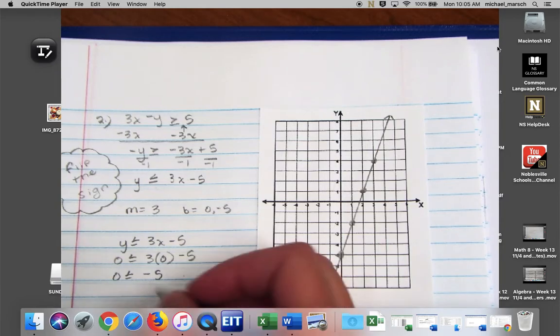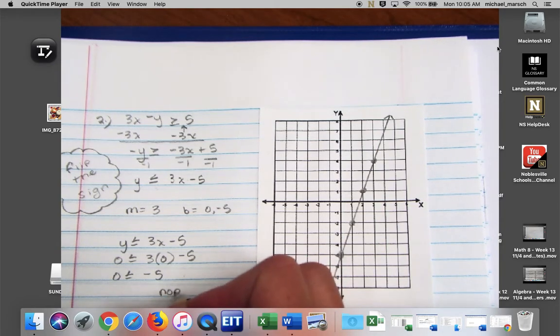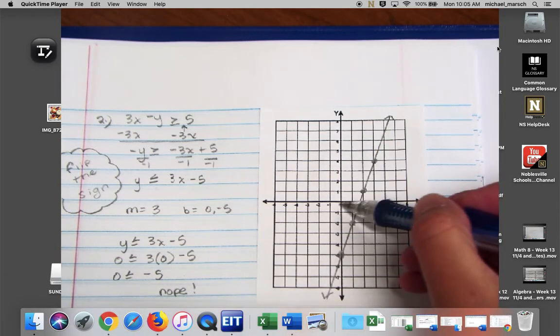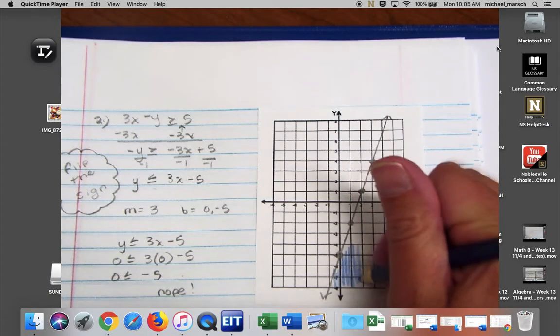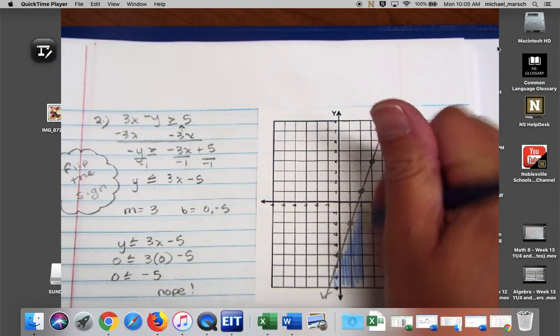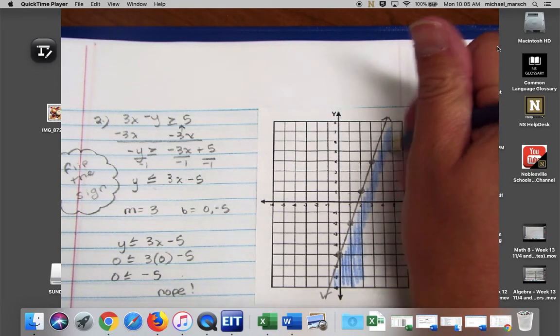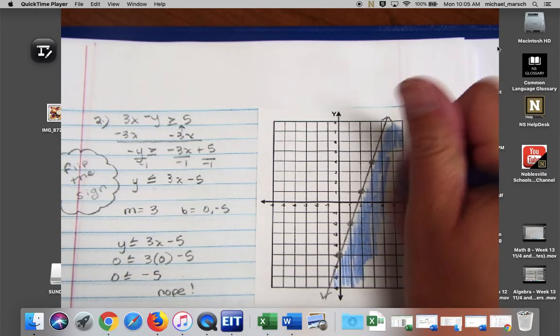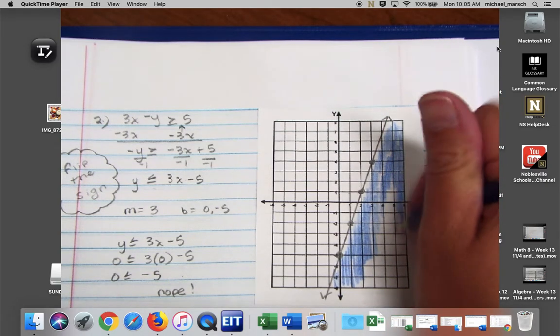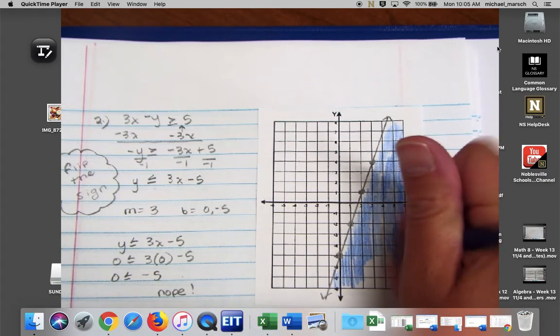And that's a no, right? So that tells me that this ordered pair right here, 0, 0 on my graph, not a solution. So that means I have to shade everything below this line. So that tells me that any ordered pair below this line will make the inequality work.